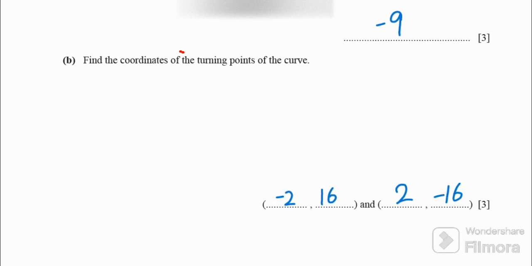Part B states find the coordinates of the turning points of the curve. So the turning points for the curve will be as shown. This will be the answer.